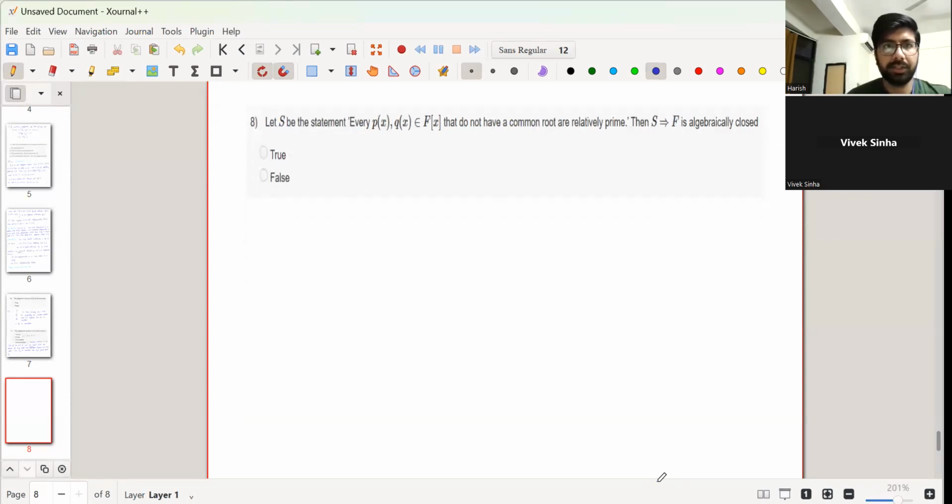So it says that if two polynomials don't have a common root, then they are relatively prime.